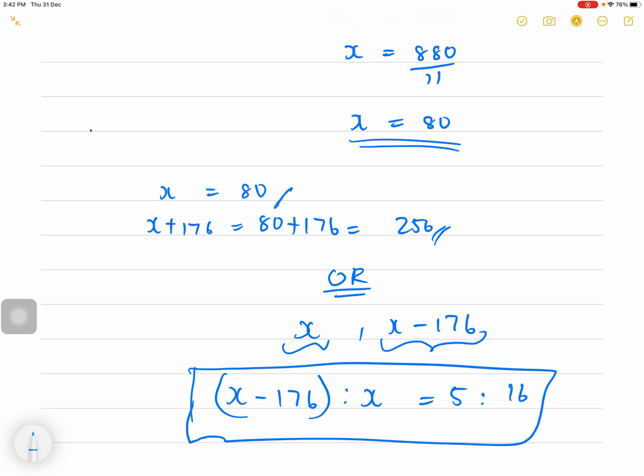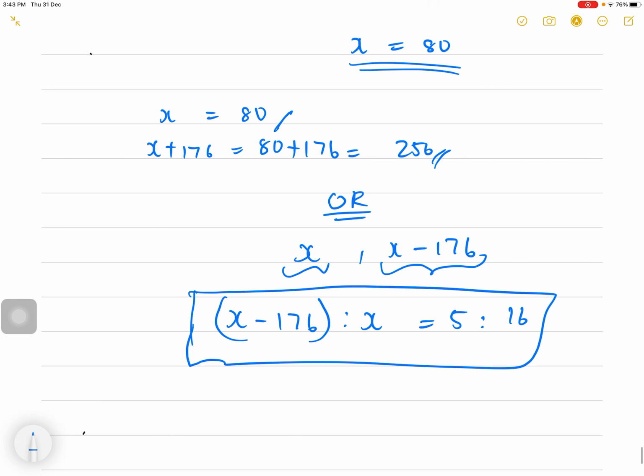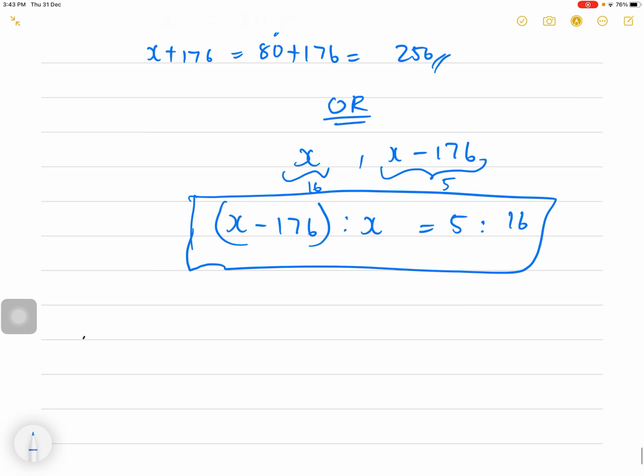So this will be the equation in that case. Okay, we'll solve this way also. So x minus 176 is the small number and x will be the bigger number. So x minus 176 is 5 and x is 16. Okay, so that's why I am writing x minus 176 first. So x minus 176 is to x is equal to 5:16.